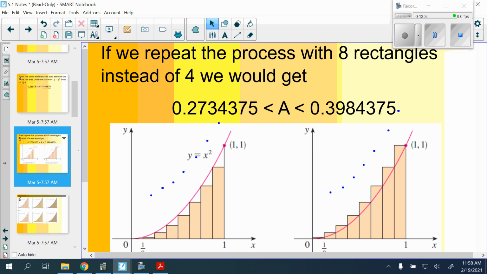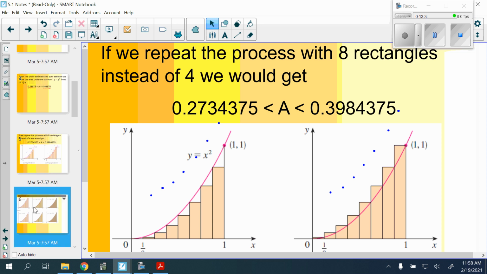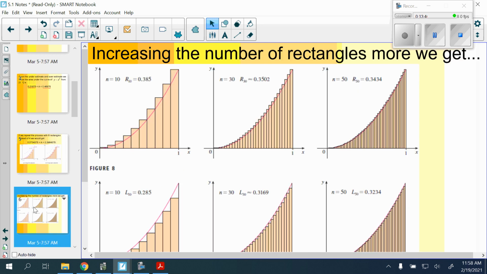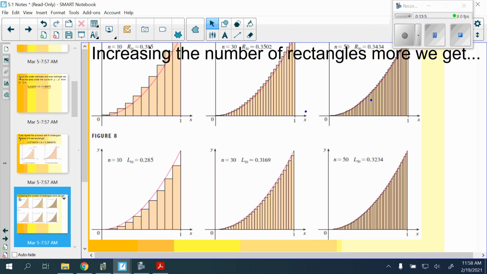Well, what if we kept at it? What if we now went to, instead of 8, 10 rectangles or 30 rectangles or 50 rectangles? And you can see that our overage of area becomes less, and on the left side, our amount of white space there becomes less.